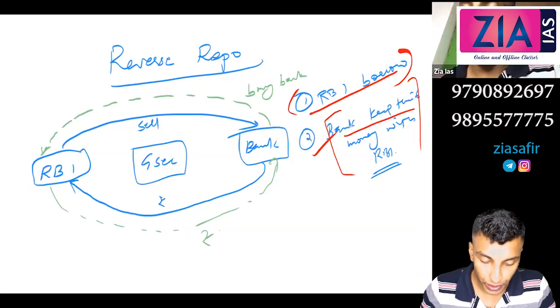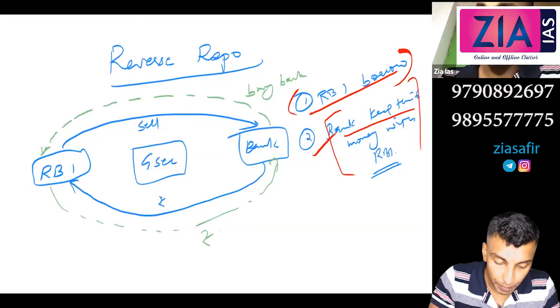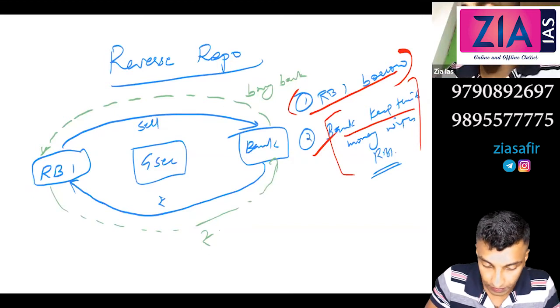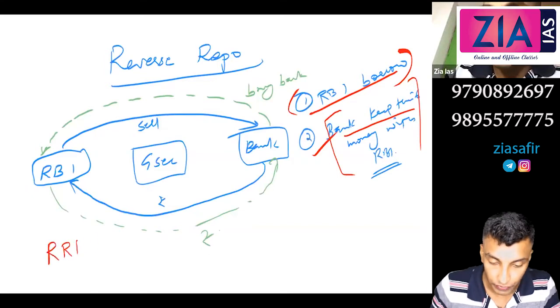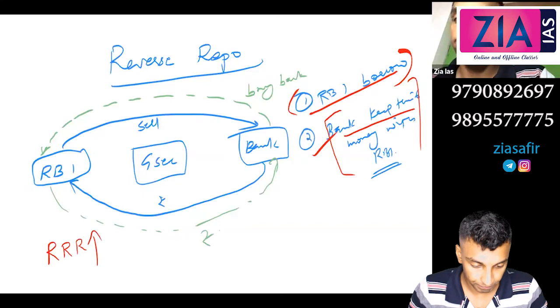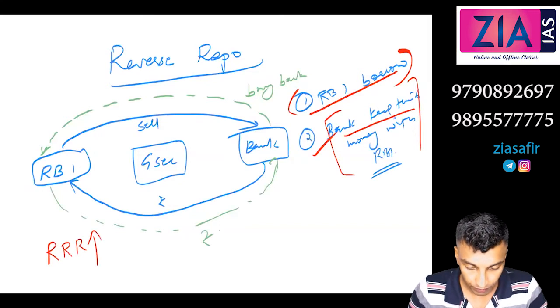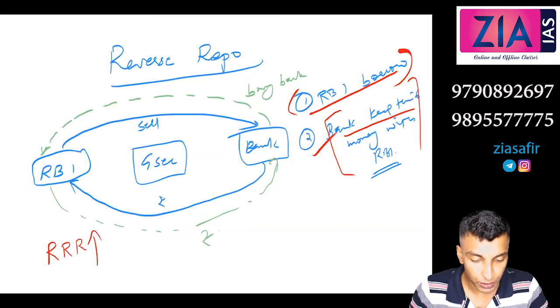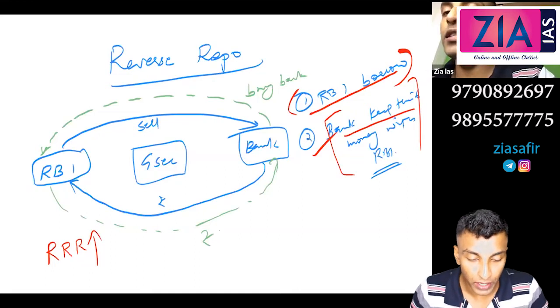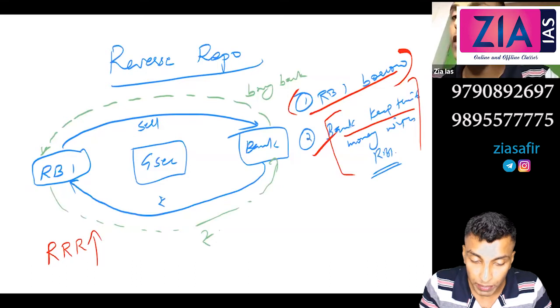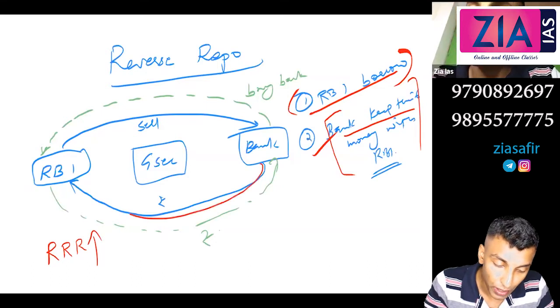So what will happen if the reverse repo rate is increasing? Money supply will reduce. Why? Because banks are getting more interest if they keep money with RBI, so banks will be motivated to give money to RBI.